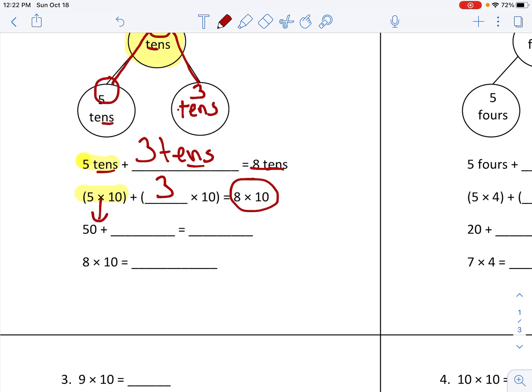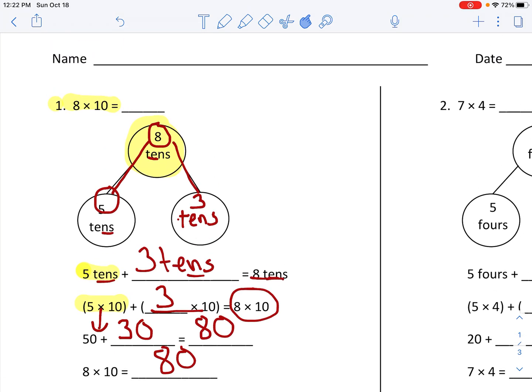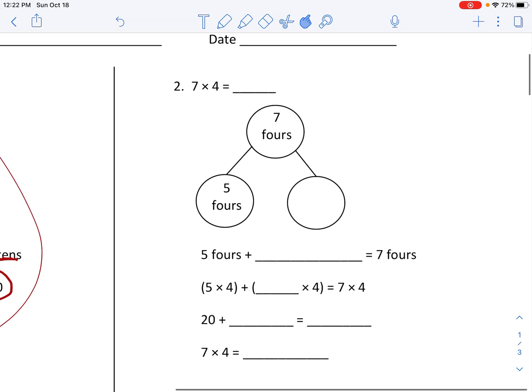Well, 5 groups of 10 is 50. 3 groups of 10 is 10, 20, 30. And 50 plus 30 equals 80. So 8 times 10 is 80. Now if you want to, you can zoom back up to the top and put your 80 from the bottom back up here to the 80 at the top.